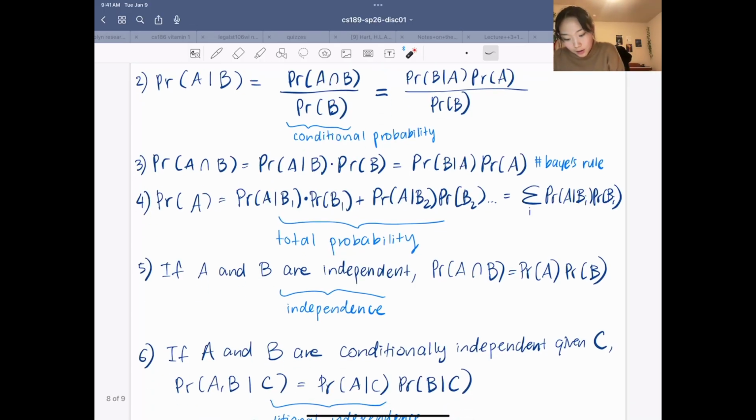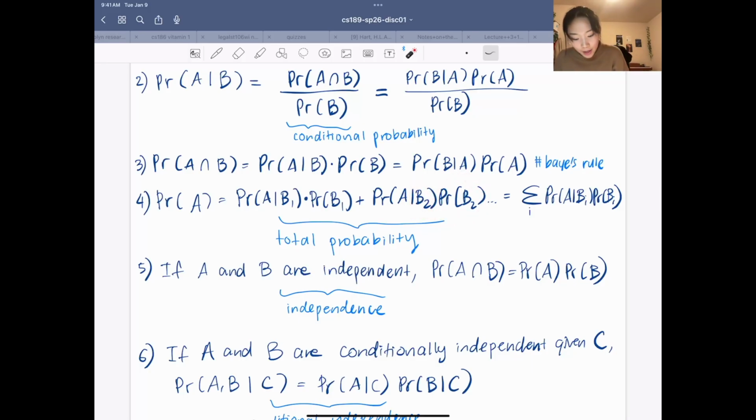The fourth probability rule is called the total probability rule, and total is a hint. Let's say you just want to know the probability of event A happening, where A is that I go out today wearing this brown sweater. The probability of me walking out with a brown sweater is equivalent to the probability of the brown sweater given I wear my first pair of shoes, times the probability I actually wear that pair, plus the probability of the brown sweater given I wear my second pair of shoes, times the probability I actually wear that pair.